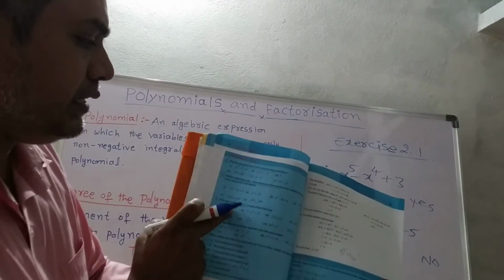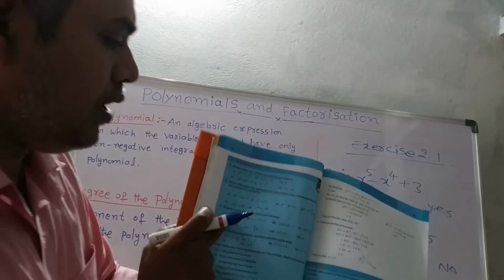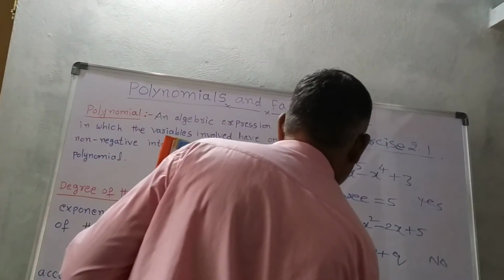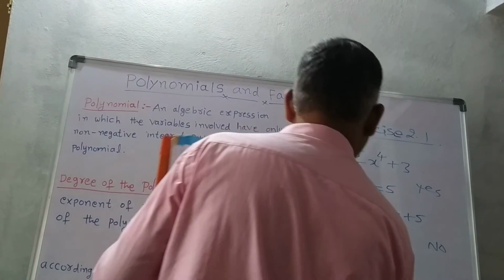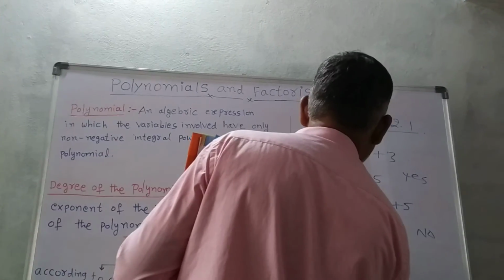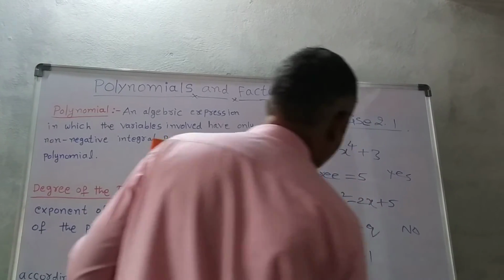Next, bit number 3. Write the coefficients of x cube in each of the following. Third bit, question number 1. x cube plus x plus 1.